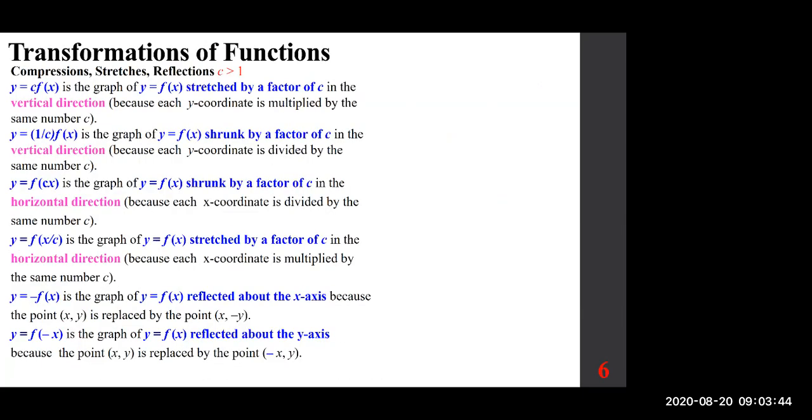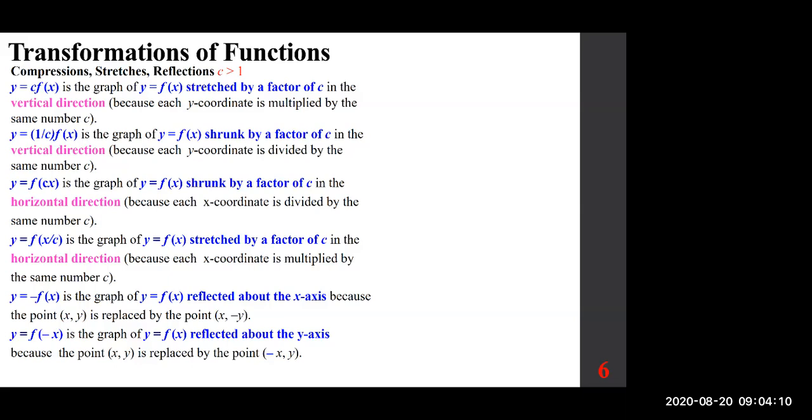Then we have compression, stretch and reflection. So the idea is that if you are given y equals f of x, and again, c specifically, we choose it to be larger than 1. If you put that in front of a function, it multiplies the y by that.